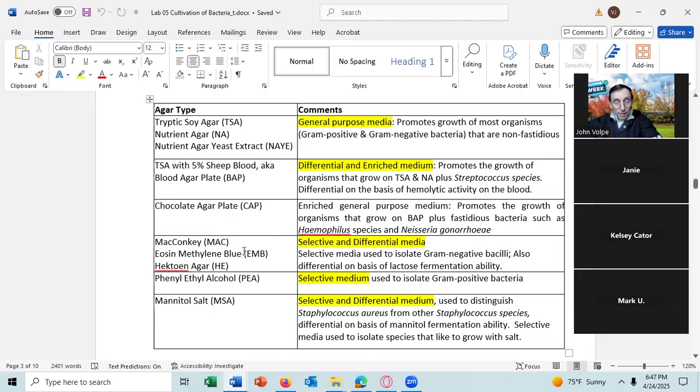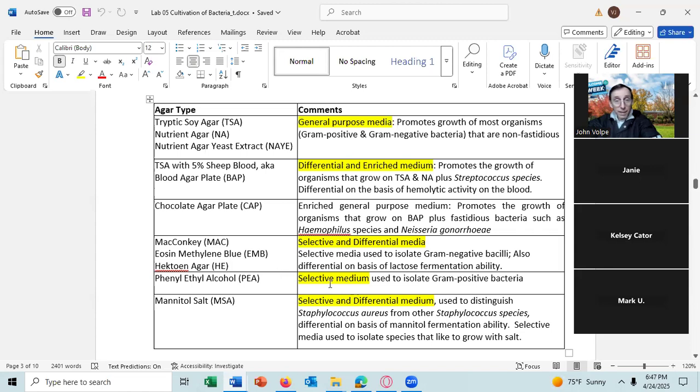EMB, the ones that can ferment the sugar lactose, will look either greenish or metallic. What's the word? Metallic green or black. And then HE, if it can ferment the sugar lactose, it will be salmon colored. That's a yellow-orange color.